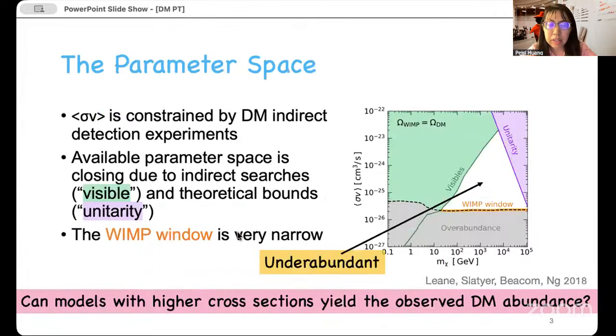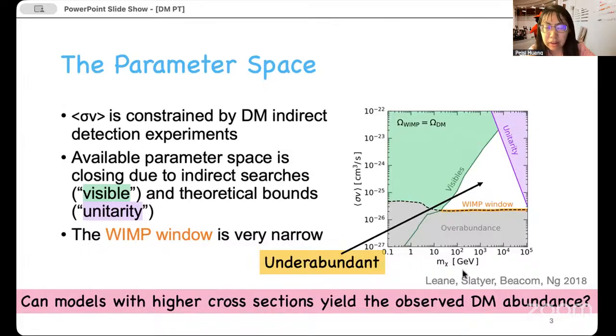So in this work, the authors conducted a model-independent study on the parameter space, which is constrained by dark matter indirect detection experiments. And what they found is the following. They found that this green region is excluded by indirect detections, which they call visible, and the purple region is excluded by unitarity bounds, which they call unitarity.